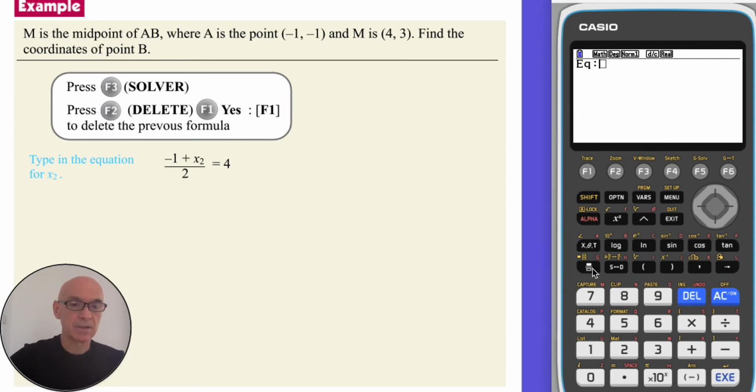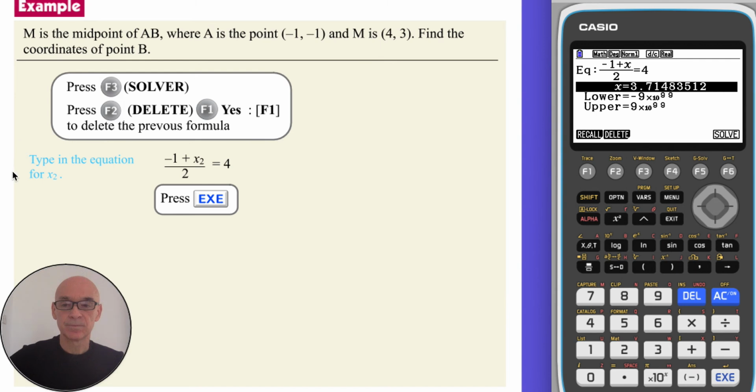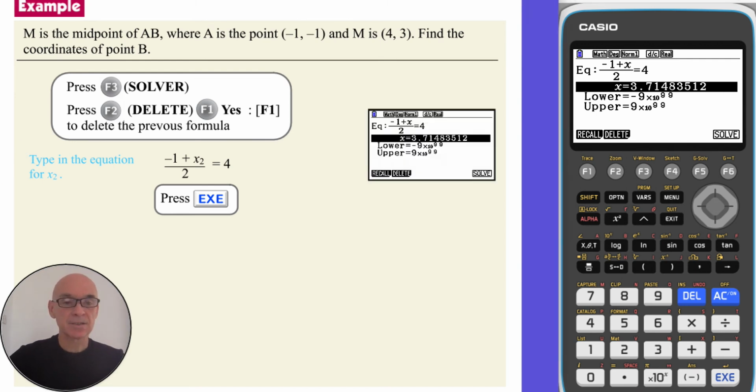Start by pressing a fraction button, and numerator, so that'll be -1, plus use the x variable, and the down cursor to get to the bottom, and 2, and then the right cursor to come back up, and then shift to get to equals, and then 4. Pressing execute to enter the equation, and noting that the answer next to x is not the answer to this equation, as we haven't pressed solve yet.